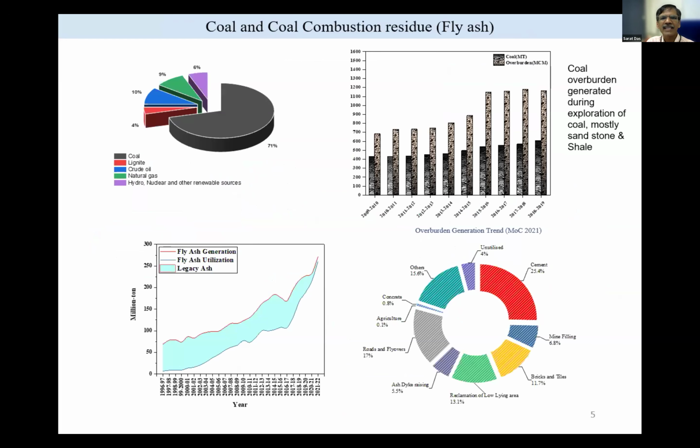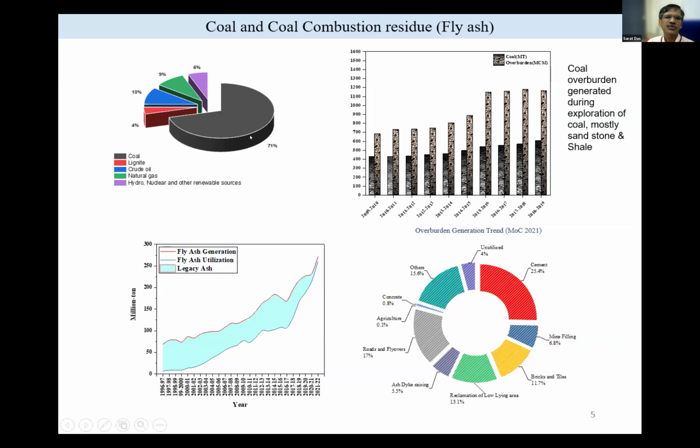So I am starting with coal and coal combustion residue. In India, though other countries are no more using coal as the source of energy, we are still using coal for 71% of our main source of energy.